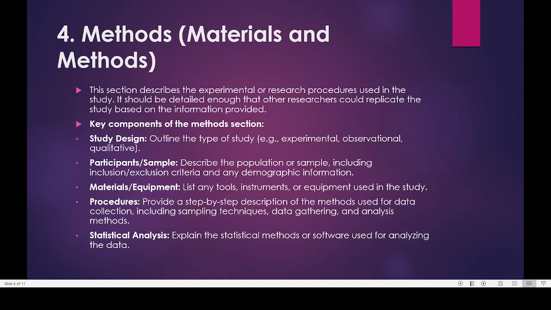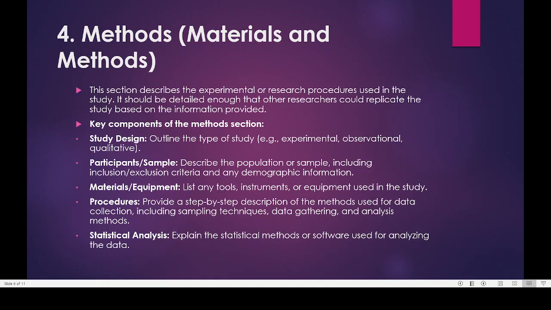Then some will be questionnaire type. For example, if you want to study the prevalence of heart attack, you may be using a questionnaire. So that is the type of study: experimental, observational, qualitative.